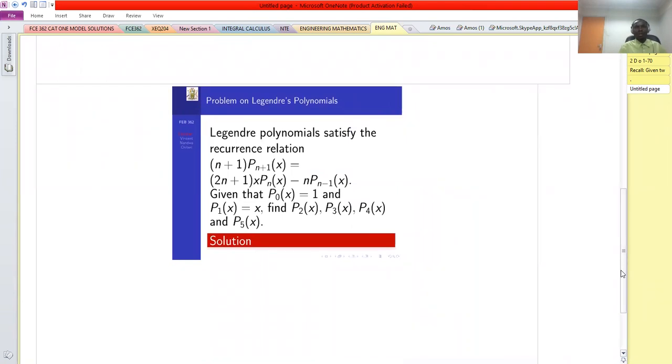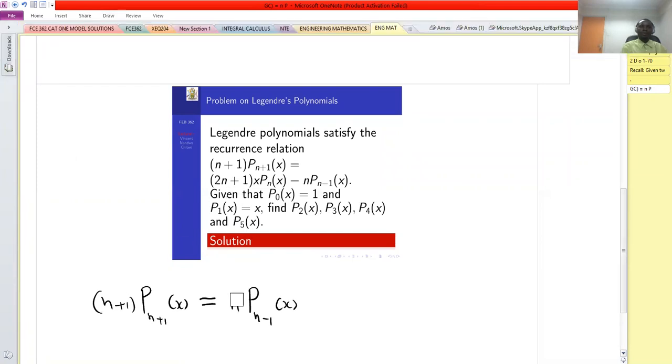Okay, so Legendre polynomials satisfy the recurrence relation (n plus 1) P sub n plus 1 of x minus n P sub n minus 1 of x. So just rewrite it.